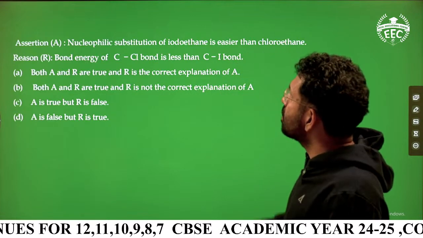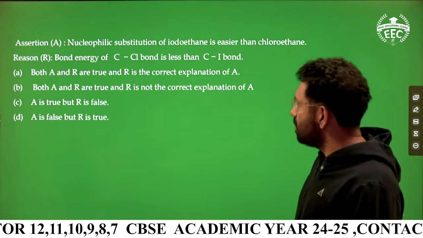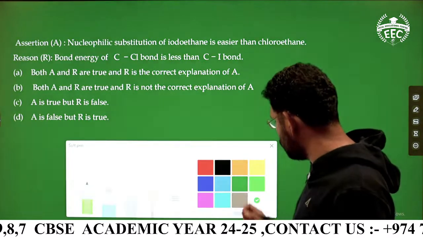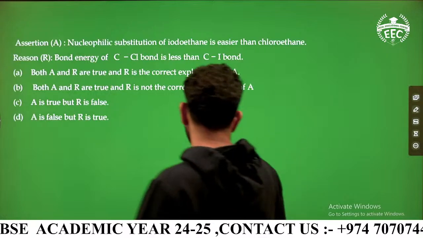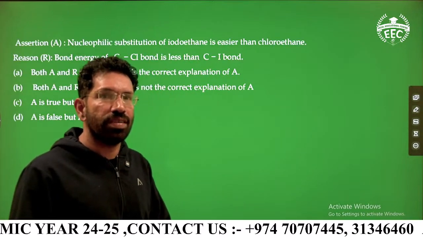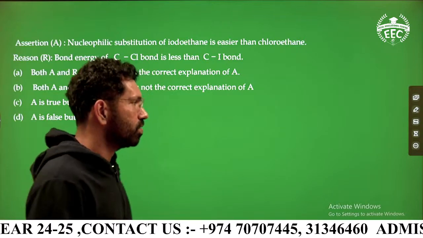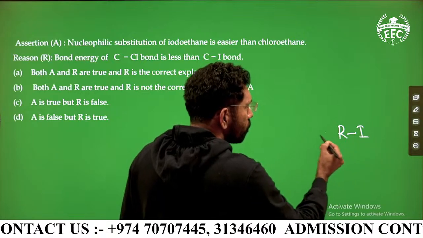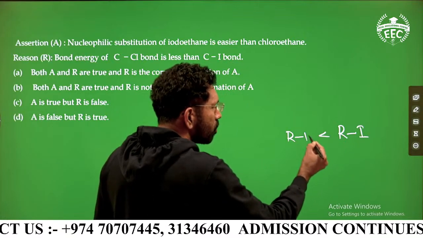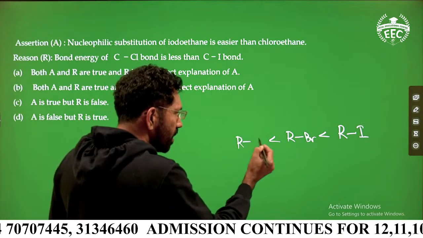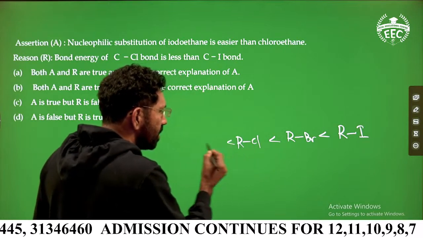Assertion: nucleophilic substitution of iodoethane is easier than chloroethane. We know that. Whether it is SN1 or SN2, what is the order of reactivity of different halogen compounds? In SN1 or SN2, the order of reactivity is RI, RBr, RCl, then RF.